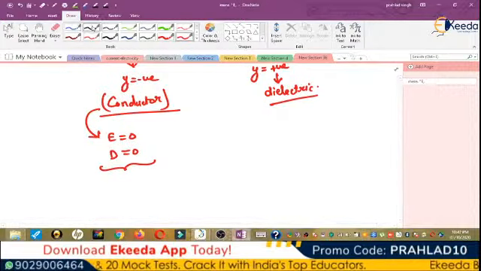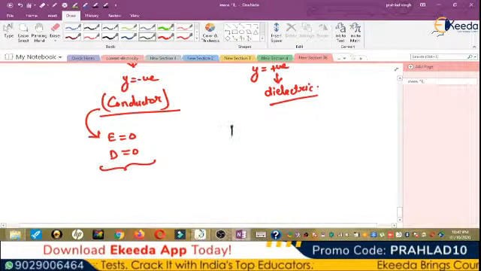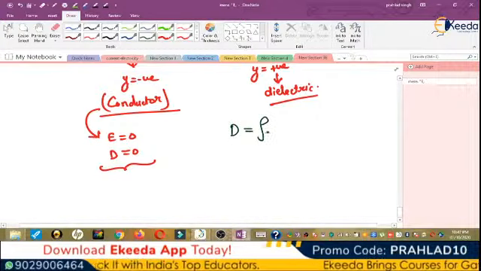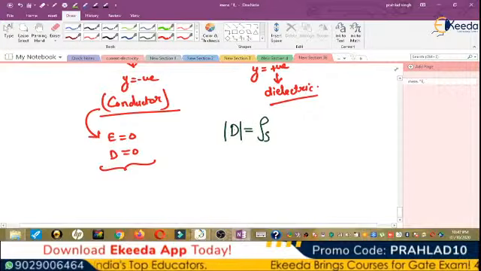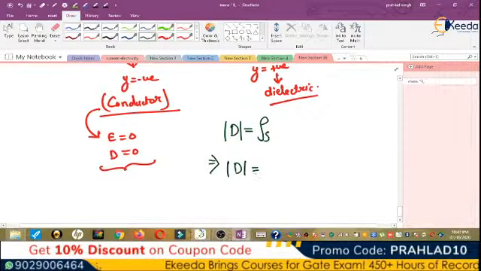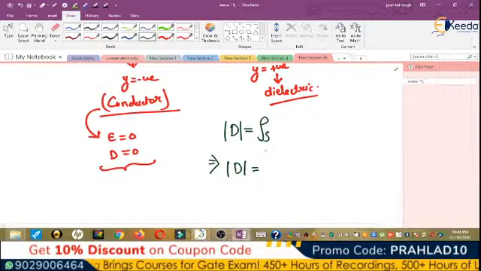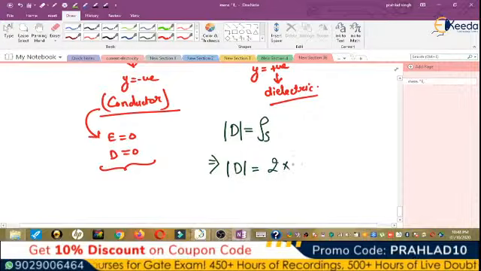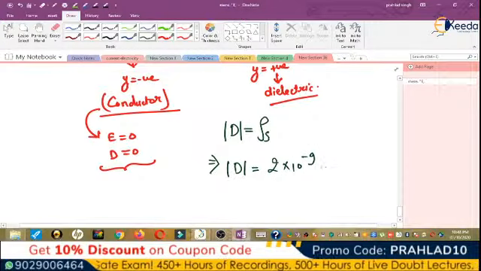So in the dielectric, mod of D is equal to rho s, and rho s is the surface charge density. It is given 2 into 10 to the power minus 9.